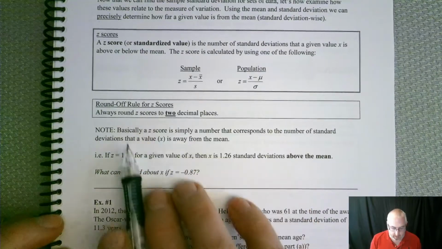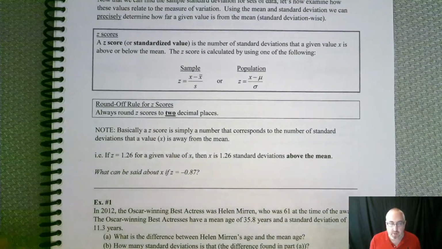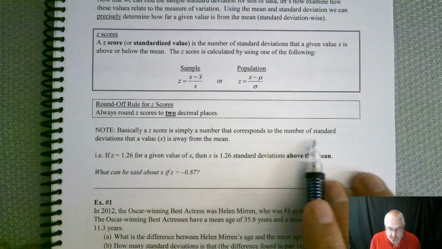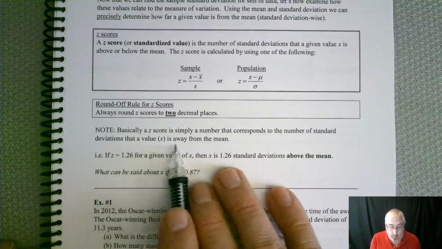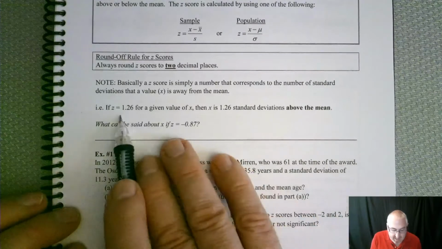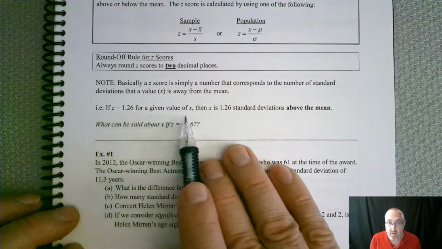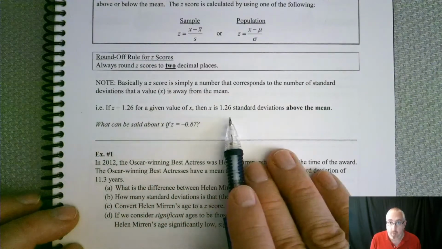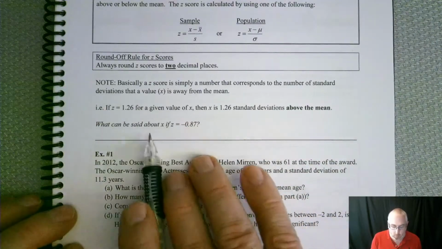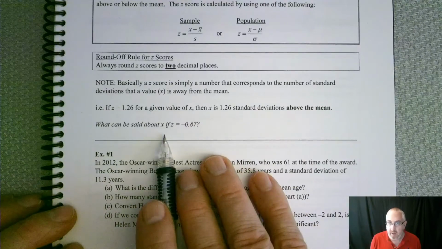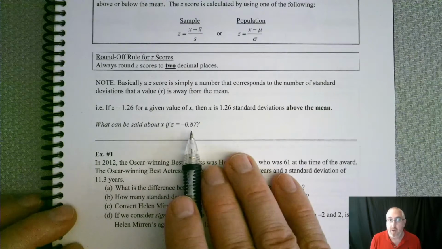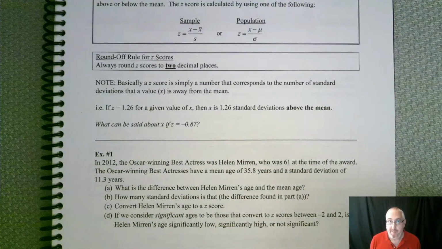Just another version of describing how this works: a z-score is simply a number that corresponds to the number of standard deviations that a value x is away from the mean. So, for example, if z is equal to 1.26 for a given value of x, then x is 1.26 standard deviations above the mean. What if we had a different value of x and the z-score for it was negative 0.87? What could we say about x then?